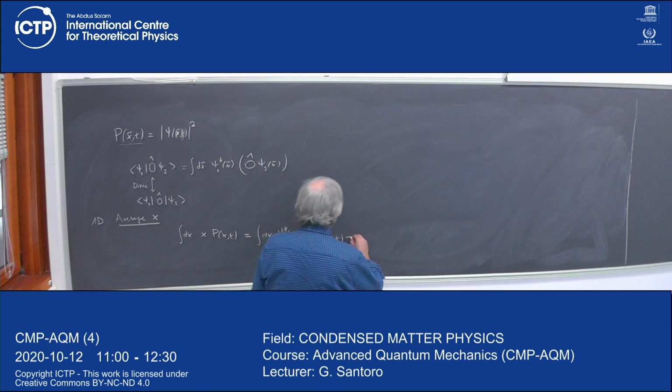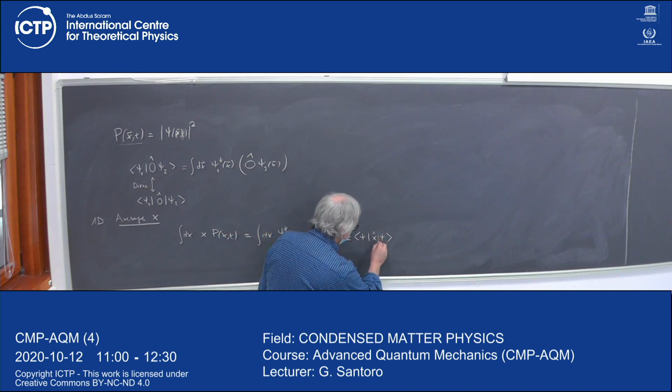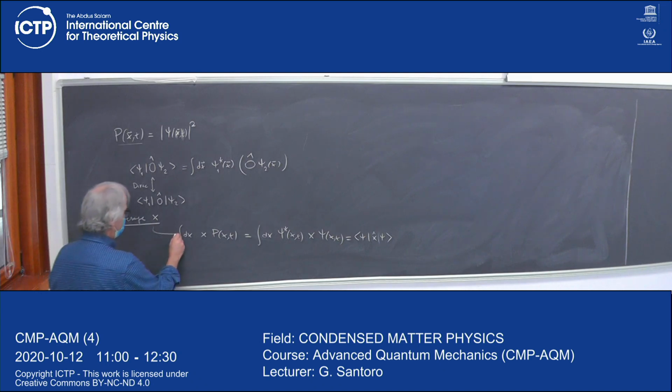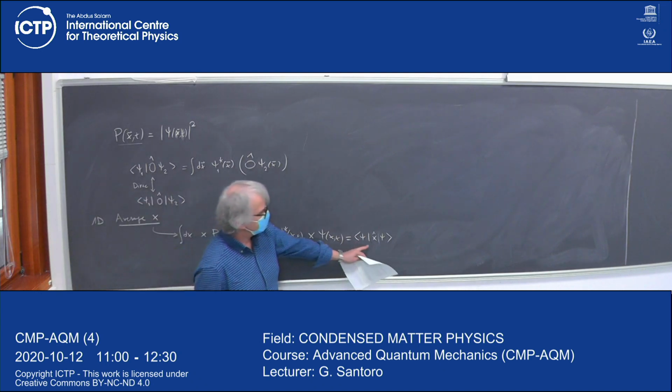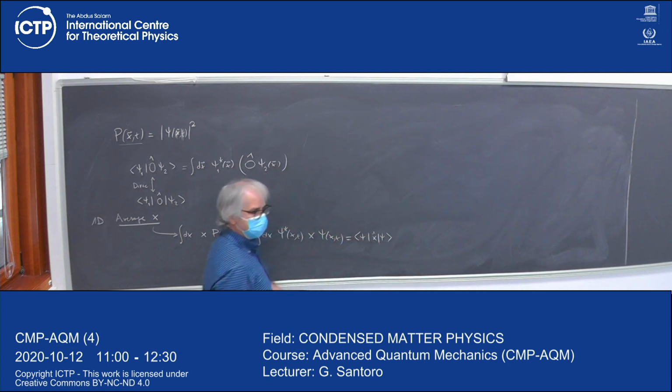And then you realize that this is nothing but psi, then the operator x acting on psi, which you might also write in the Dirac notation. So the average position x is in fact this so-called expectation value, where you put the x operator in between psi and psi.